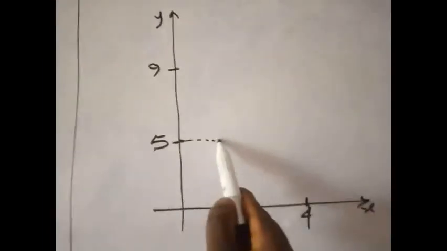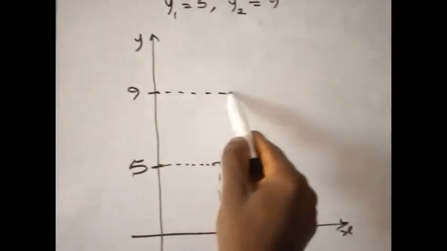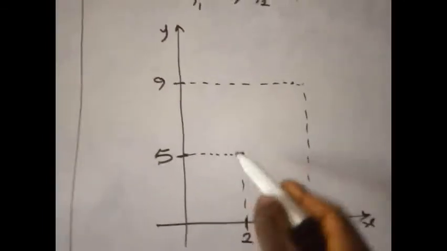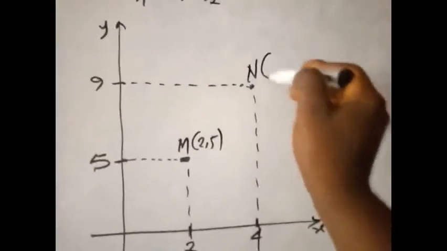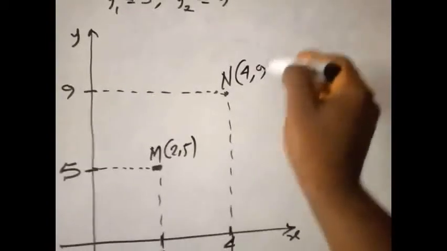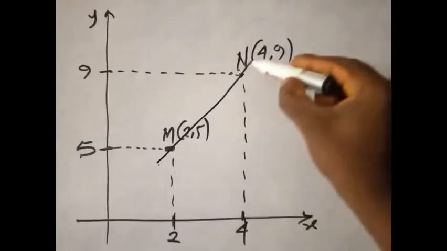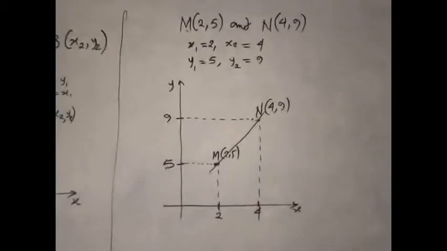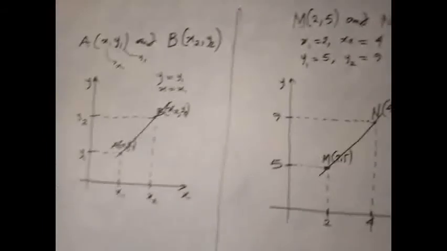When this is 5, this is 2. When this is 9, this is 4. So this is point M that has coordinates 2, 5, and this is point N that has coordinates 4 and 9. So we can join the 2 points together by locating the 2 points. This is how we can locate points on the x and y plane under coordinate geometry.